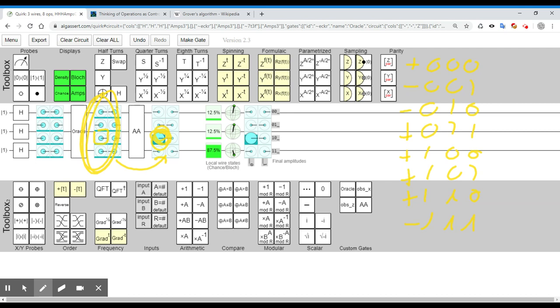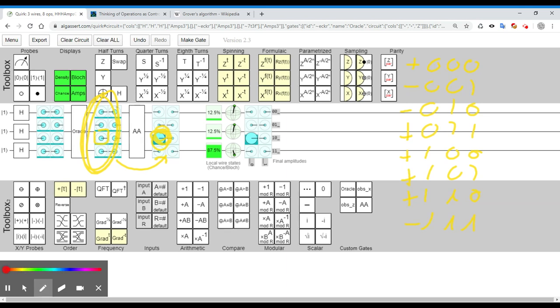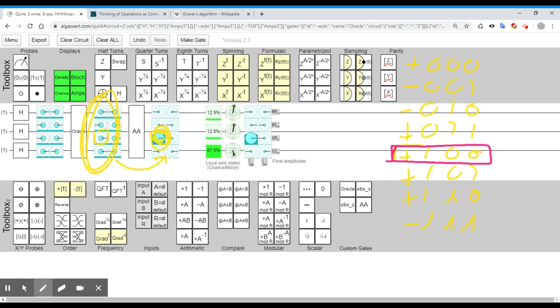So in order to phase, because for this to be minus minus minus, there's just one little difference, which is that these should be a minus. That's the only difference.